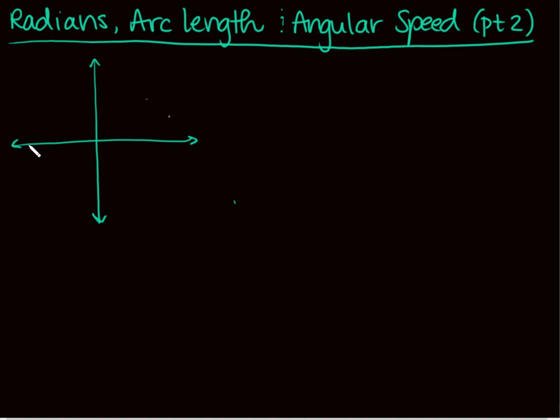Remember we defined a radian before. So a radian is this new way to measure our angles. And we defined a radian if we had, oh guys, I'm gonna have to draw the circle. It's all right.